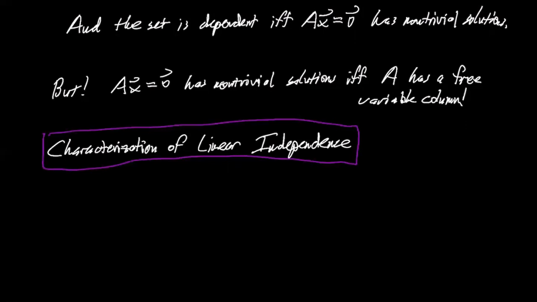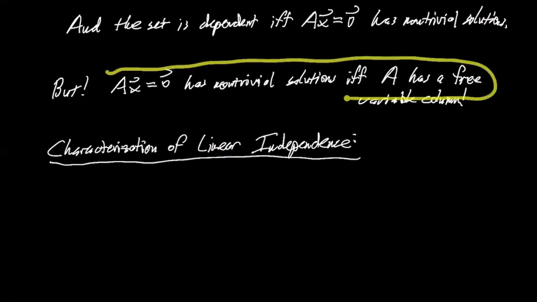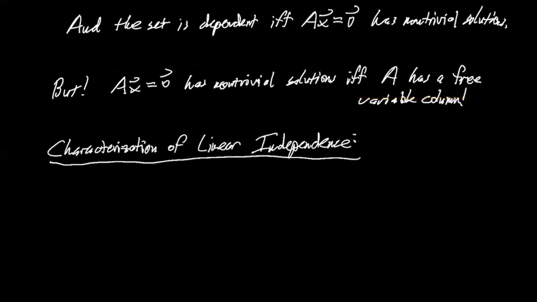Okay, so here's a characterization of linear independence. If I negate this statement, Ax equals 0 has only the trivial solution if and only if A does not have a free variable column. So that's if and only if A has a pivot in every column. Let me put it in terms of the matrix.